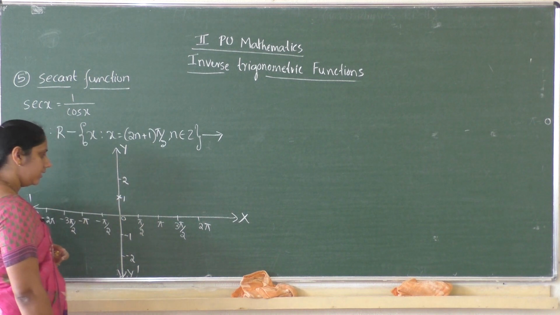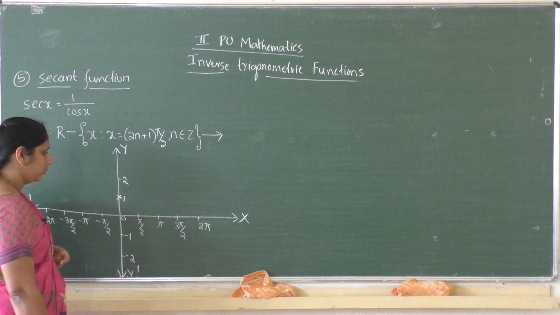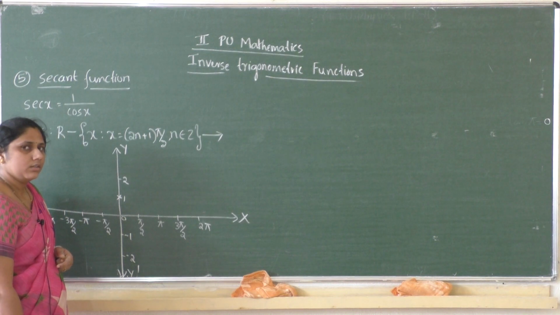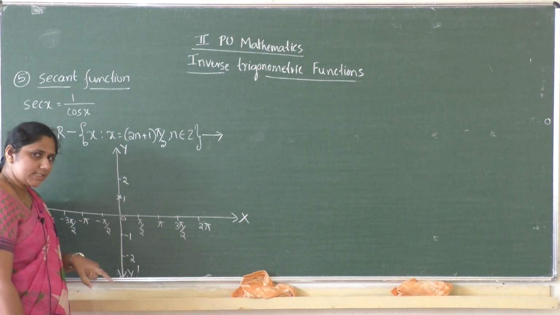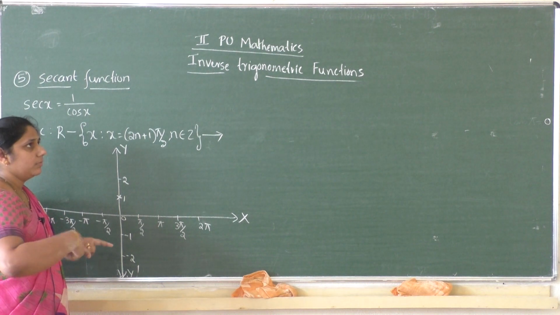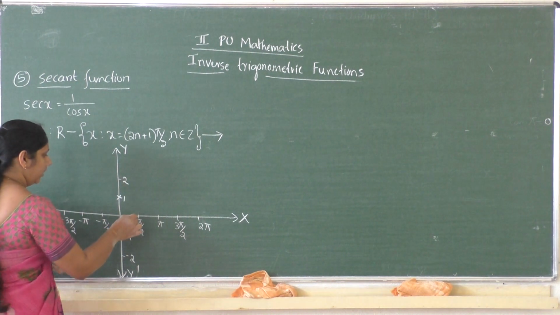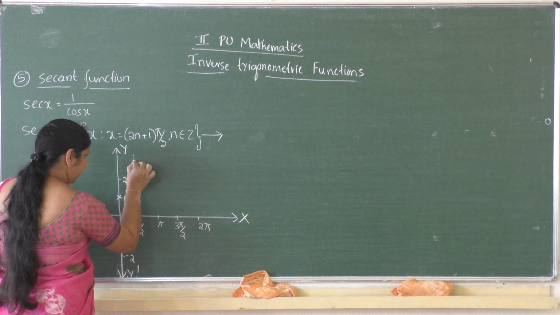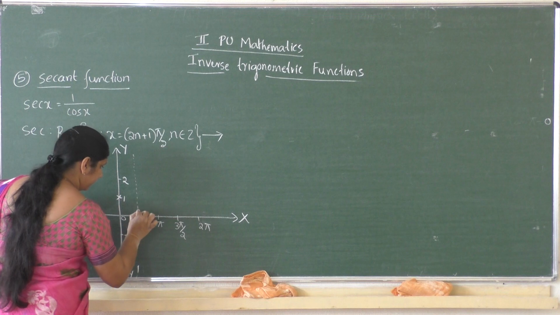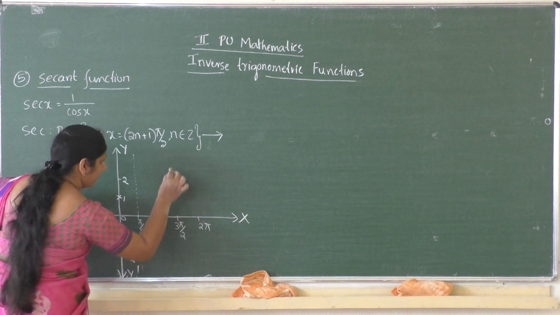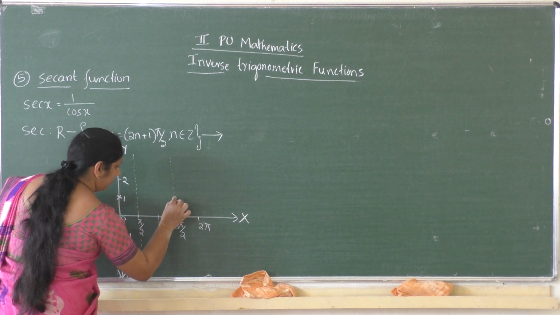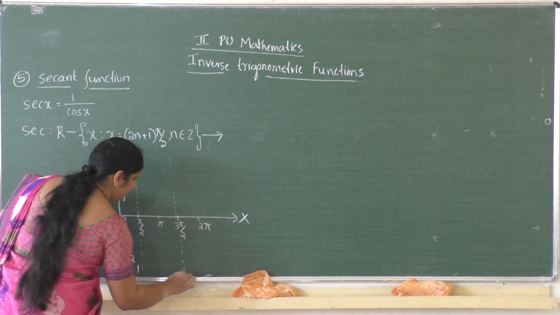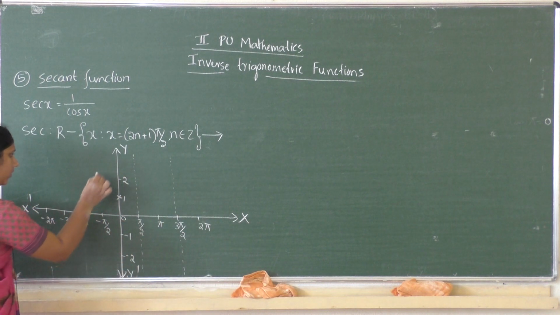Next, what is the value of sec pi by 2? See, cos pi by 2 value is 0. So 1 by 0 is not defined. So at the value pi by 2, function is not defined, or at odd multiples of pi by 2, sec function will not be defined.